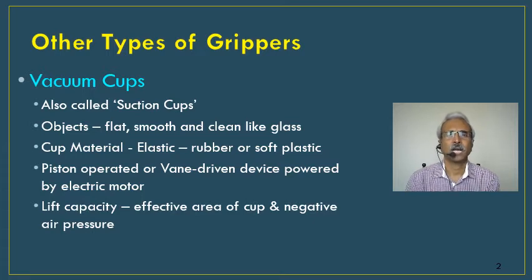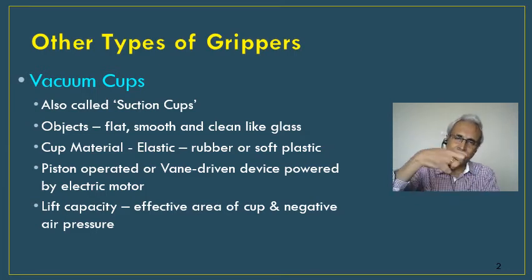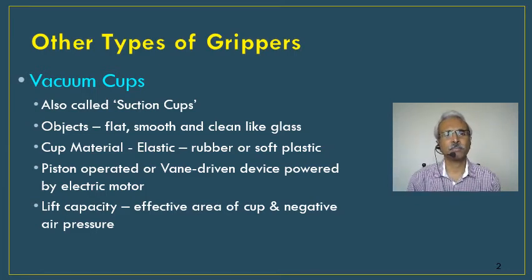If you look at the typical construction, they are also called suction cups, because obviously you have a suction cup through which you create a vacuum, thereby the cup grasps the object. It's mainly for flat, smooth and clean objects like glass. Obviously the cup material is going to be elastic, rubber or soft plastic.